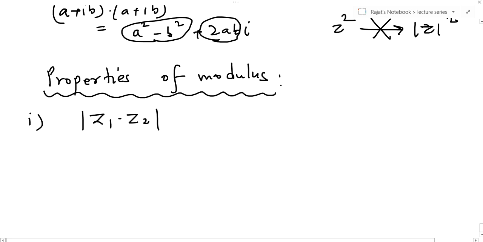There are two complex numbers z1 and z2, and I am multiplying the two complex numbers, and then taking the absolute value of the resultant complex number. This is equal to mod of z1 into mod of z2. Very important identity. You can multiply the individual magnitudes, and that will be equal to the magnitude of the resultant complex number.